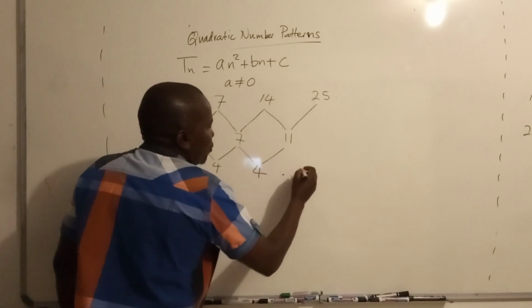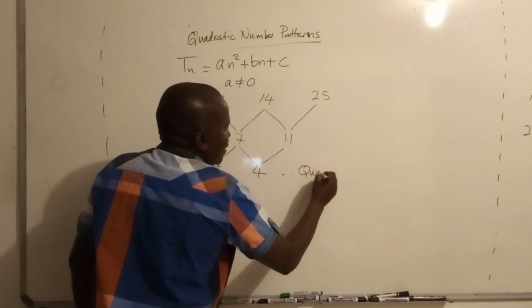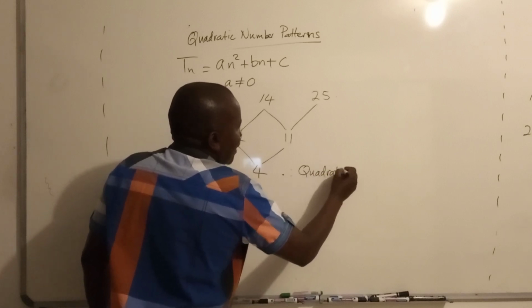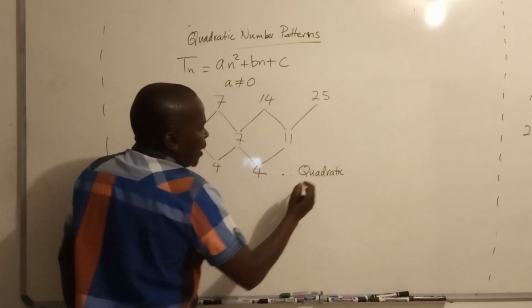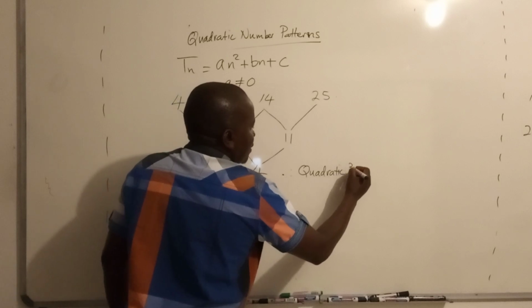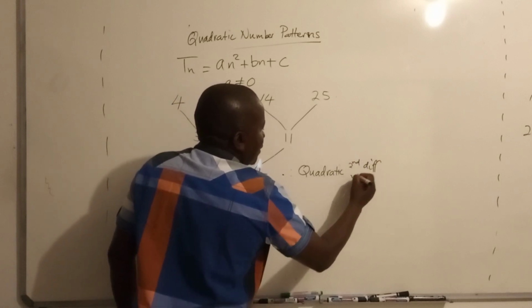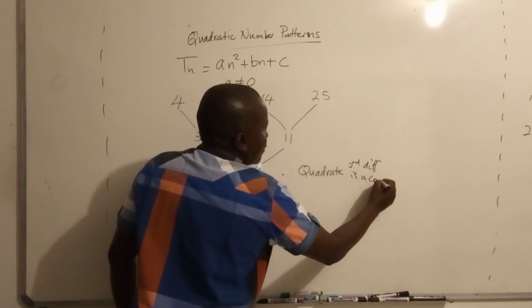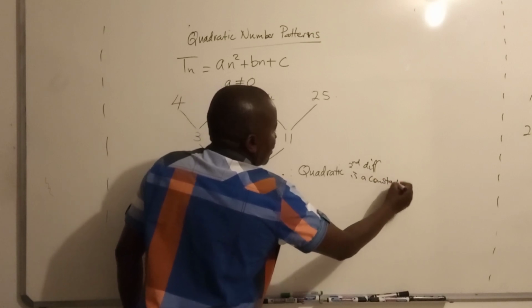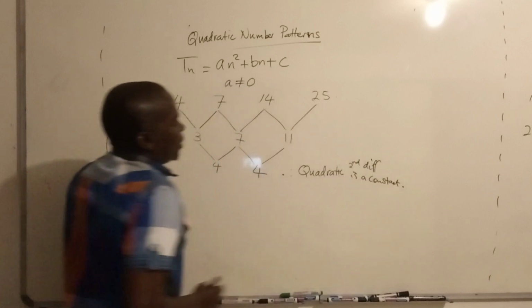So therefore, we say it is quadratic. Why? A second difference is a constant. This is how you show that it is a quadratic number pattern.